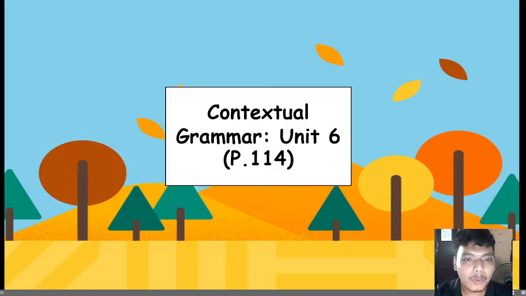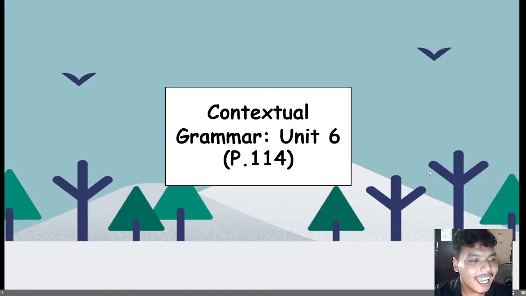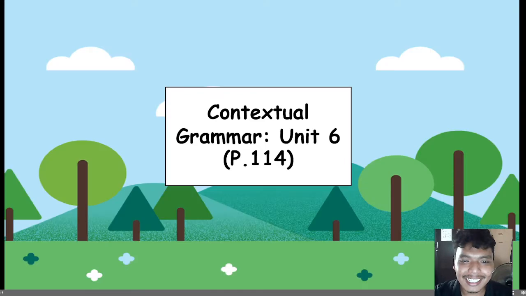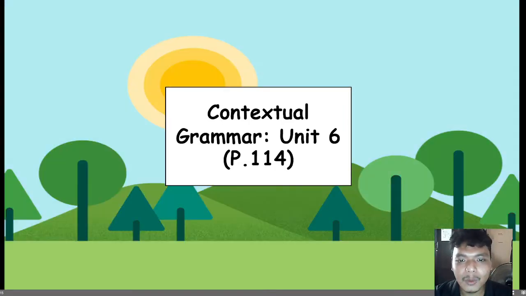So what are we going to learn today, everybody? Today we are going to learn about contextual grammar, unit 6. We are in unit 6, and everybody open your book to page 114.